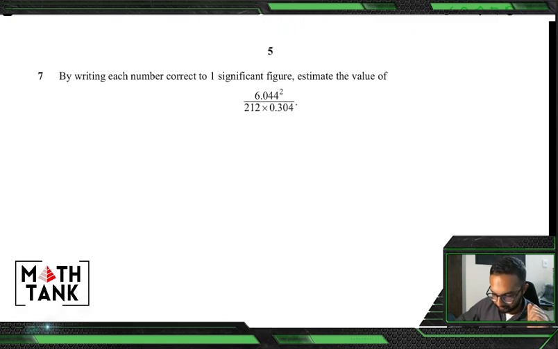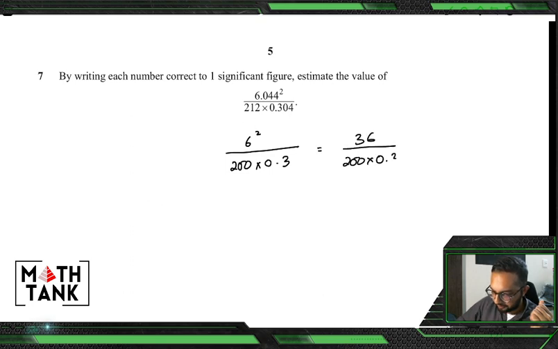Let's look at this one. It says by writing each number correct to one significant figure. So again, you can pause here, do this question yourself, see if it matches with my answer. I'm now going to try to do these without showing you the breakup. So 6.6 square, I can just write 6 square. This becomes 200 into 0.3. 6 square is 36. 200 into 0.3.